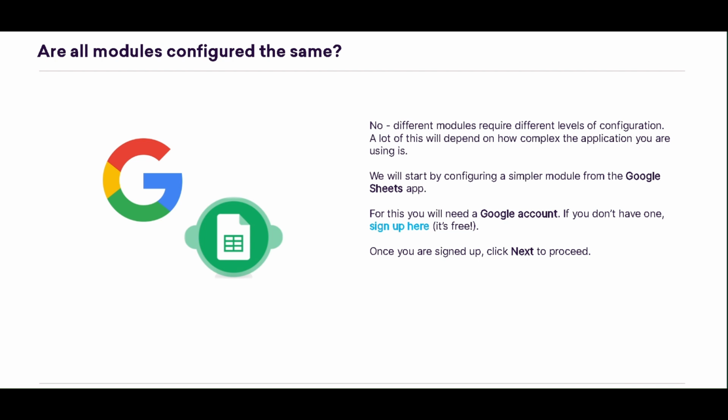Some dishes have simple choices, while others require more detailed customization. We'll start with a simpler module from the Google Sheets app to demonstrate the process. To follow along, you'll need a Google account. If you don't have one, you can sign up for free.